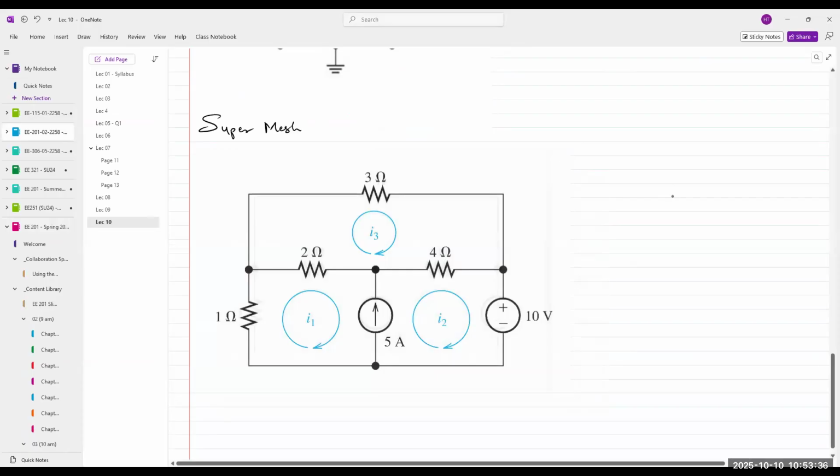Super mesh is again like a shortcut, but it's in fact even easier than a super node in a sense. So all we are doing is instead of applying KVL to a mesh, we apply KVL to a combined mesh, meaning just applying it to a loop. That's all it is. So in this example, we have mesh 1 and we have mesh 2. And if we apply KVL around this loop, we cannot, let me write this down.